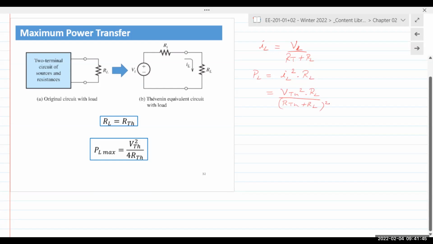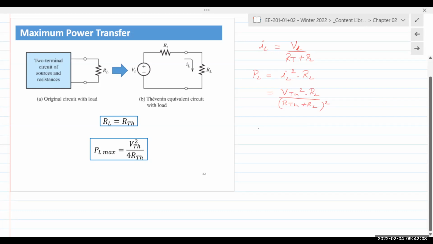In order to find the maximum power transferred, the slope should be equal to 0, right? So you are trying to find the power versus the change in the load resistance, the slope of power versus load resistance, dPL over dRL, the rate of change.